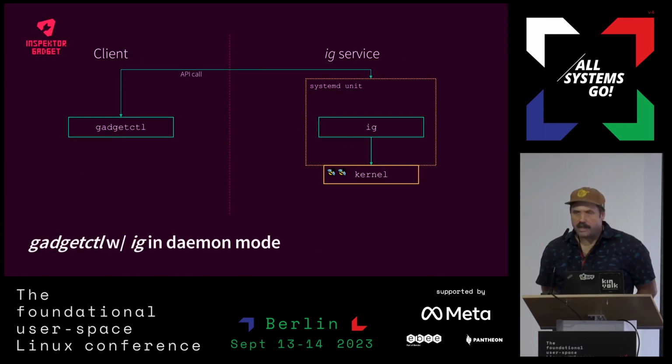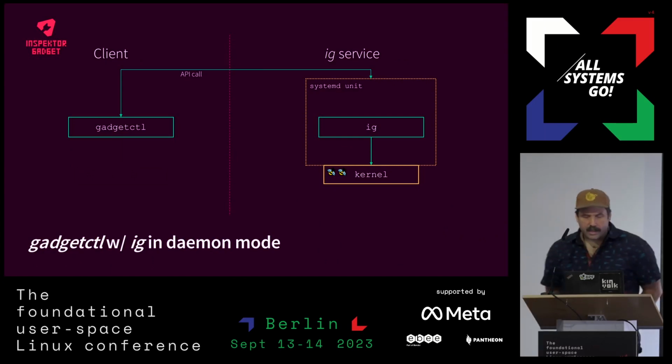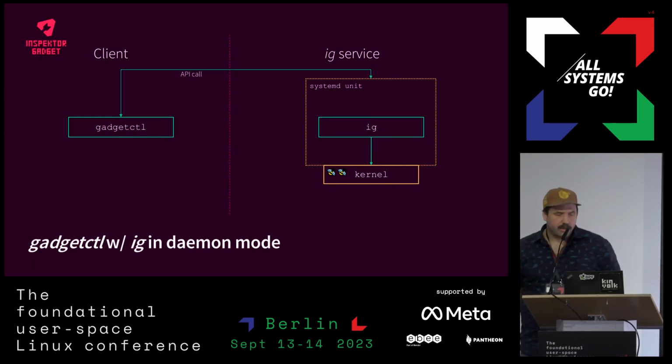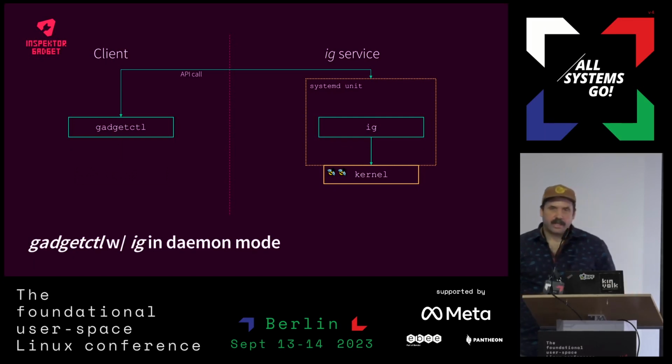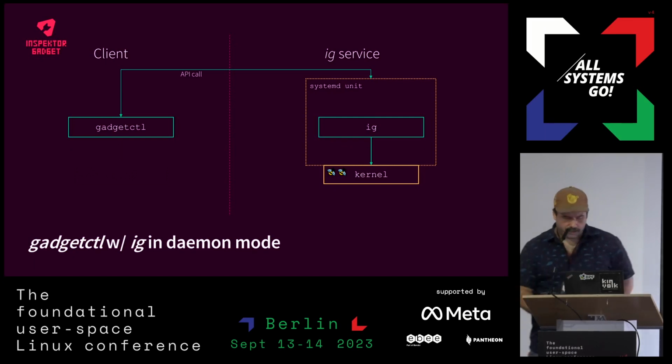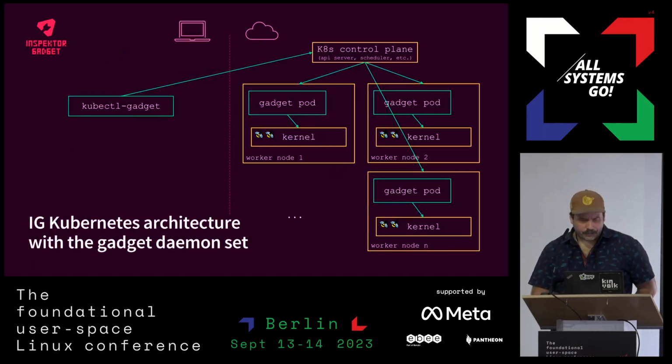You can also run IG inside of a systemd unit, and in this case, you can use gadgetctl. You don't have to use gadgetctl for this. You can just initiate it with the commands, and it'll run that specific gadget. But if you want to make it interactive, you can use gadgetctl to load different things, and that's very similar to how the Docker daemon works.